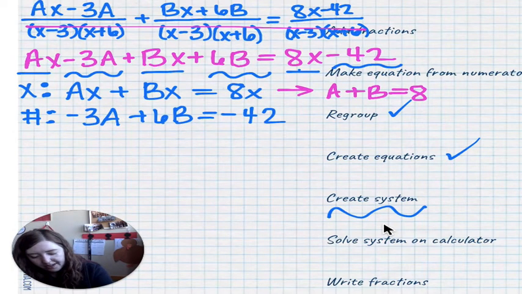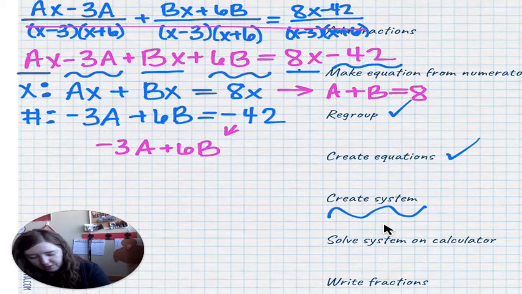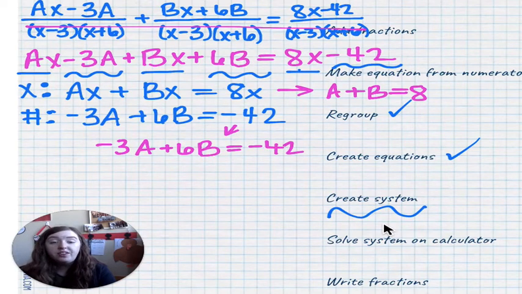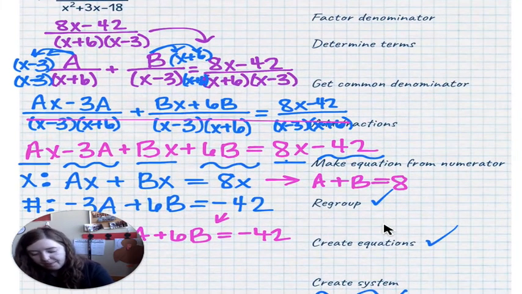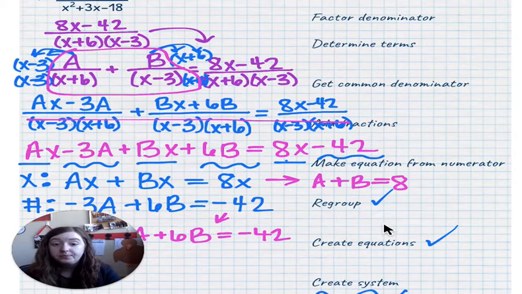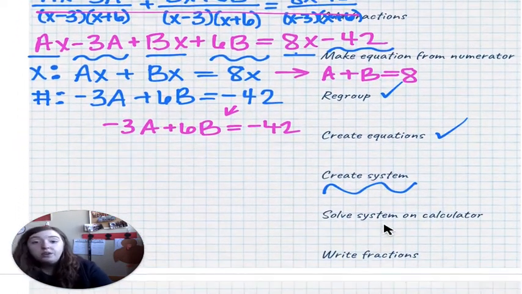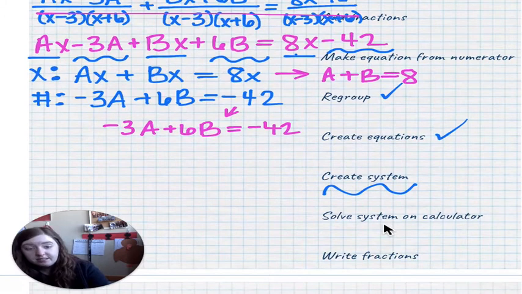And we are going to think of this guy as negative 3A plus 6B equals negative 42. What we want to do is find out what A and B are, so that way we can pop them back in from this step before. Cool. So we've got those two equations.